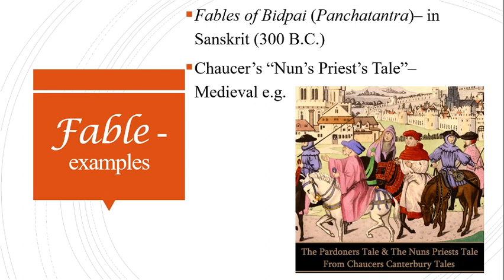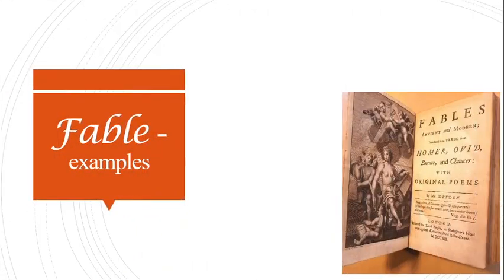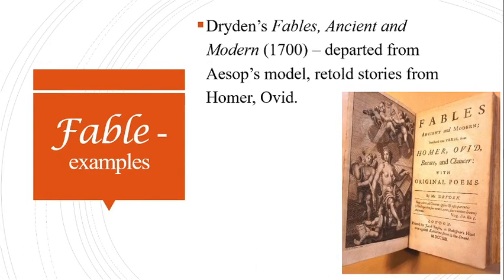Fontaine's verse fables were witty and sophisticated adaptations of the Greek fables. John Dryden, in his Fables Ancient and Modern, published in 1700, shifted from the traditional Aesopian form and presented retellings of stories from Homer, Ovid, Boccaccio, Chaucer, and some of his own poems.